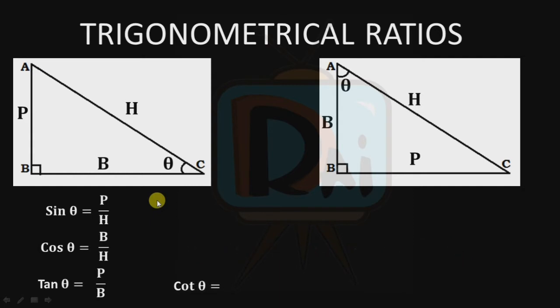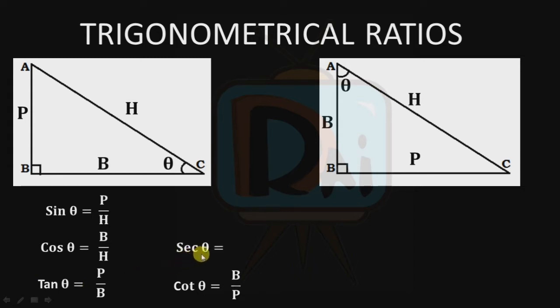Now we have cot theta also. Cot theta is the ratio of base by perpendicular. That means cot theta is the reciprocal of tan theta.